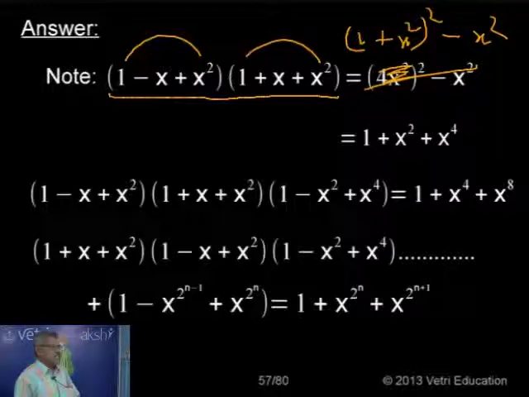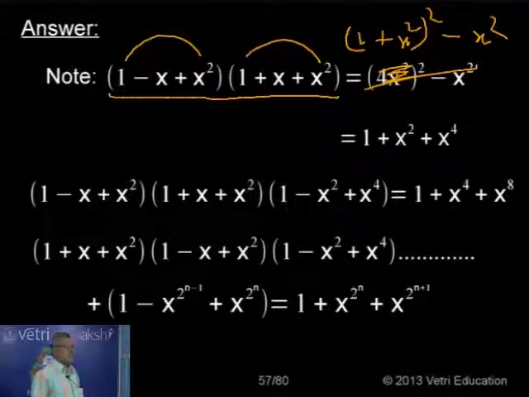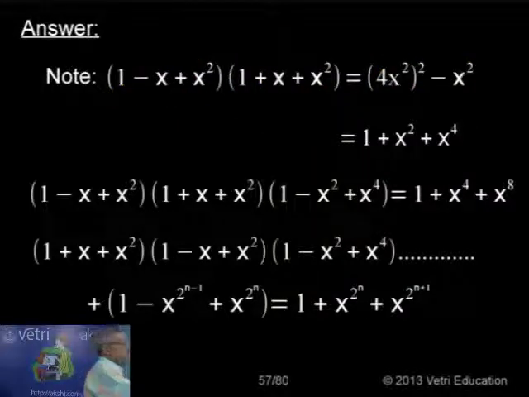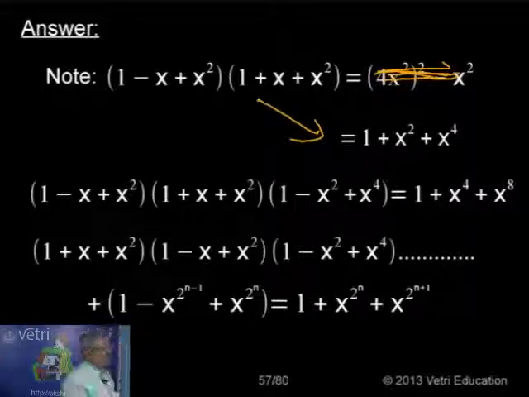So 1 minus x plus x square, 1 plus x plus x square is a minus b, a plus b, a square minus b square. A is 1 plus x square, so 1 plus x square whole square minus x square. This ultimately gives us 1 plus x power 4, 2x square minus x square, x square. So this product gives us exactly this one. You delete this term. This is wrongly typed. This product exactly gives us this.